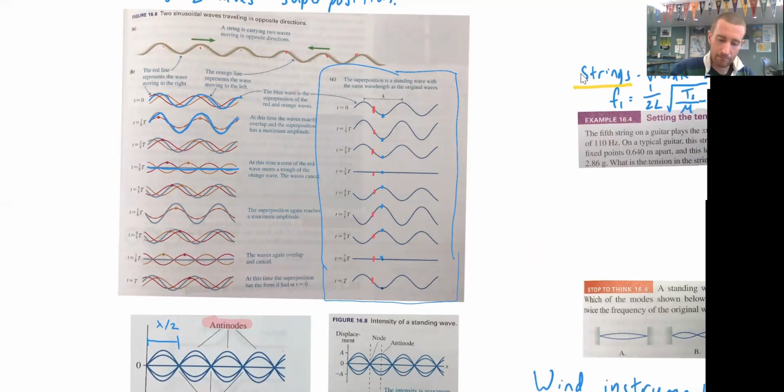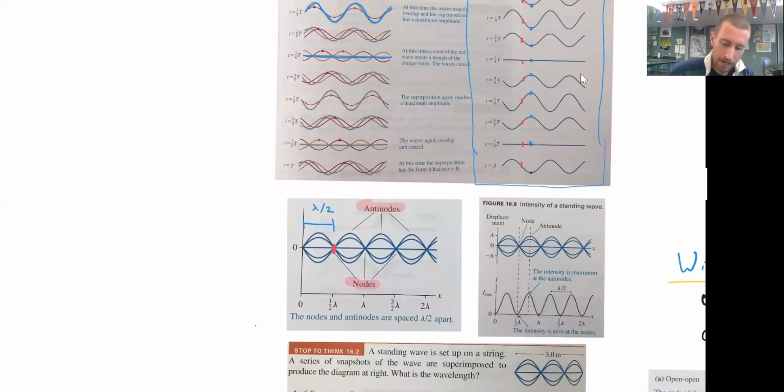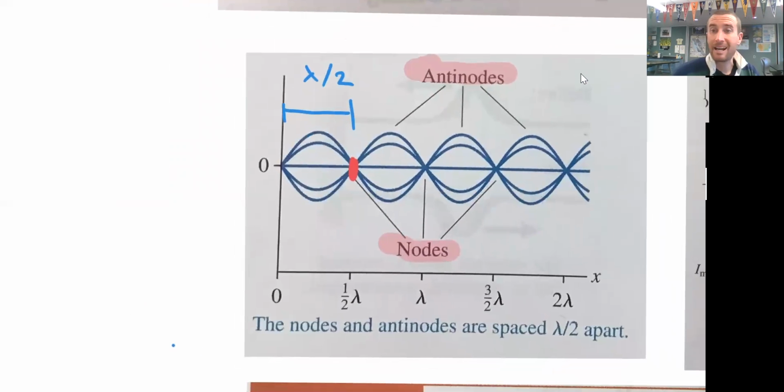That point becomes the point right there, which we call a node. A node is an area that stays at neutral the entire time. The antinode is the area that's moving, and that's the part that I'm going to call a hump or a bump. So in this case, I see nodes and antinodes.